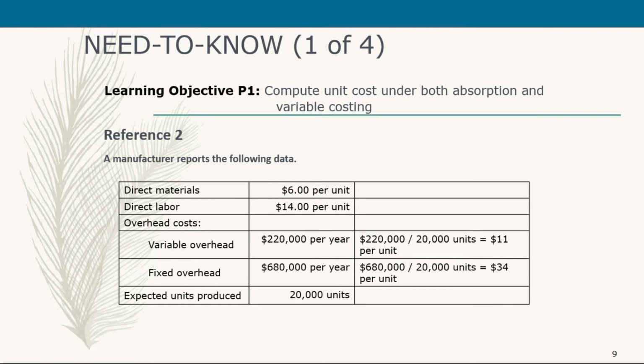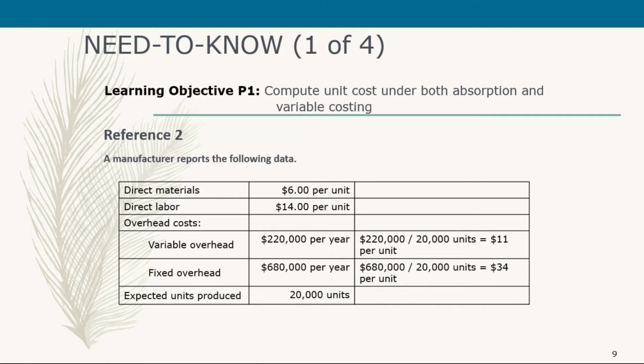Okay, another example in here. A manufacturer reports the following data. We have your direct materials of $6 per unit, your direct labor of $14 per unit, and your overhead cost. We have a breakdown here of your variable overhead amounting to $220,000 per year, and your fixed overhead cost of $680,000 per year.